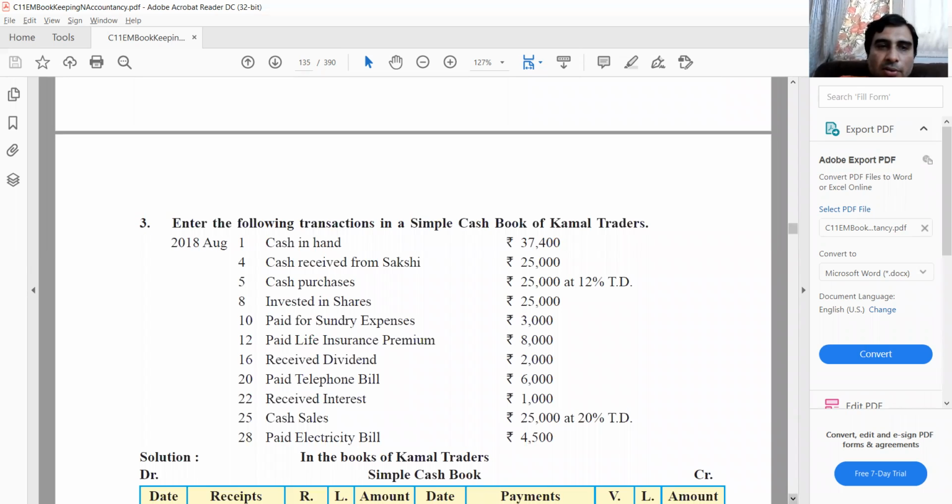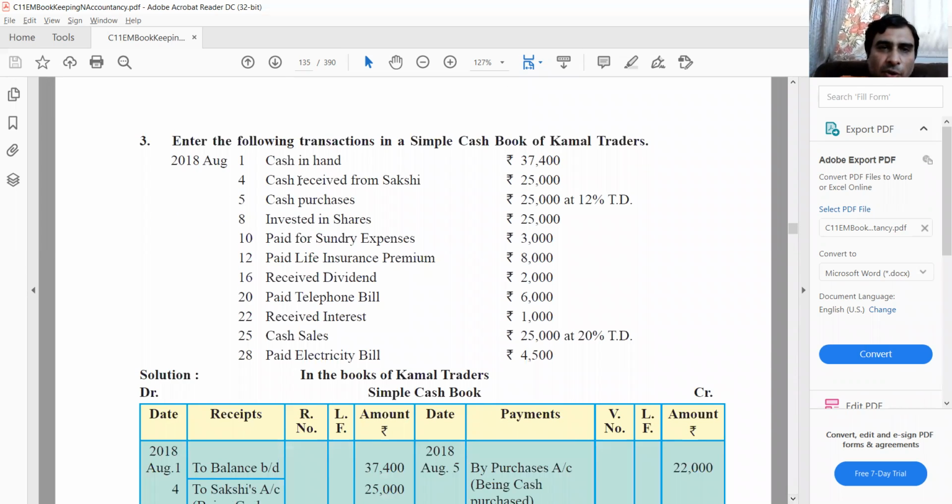Now, third solved example for cash book. Cash in hand, left hand side, brought forward 37,400. Cash received from Shakti, left hand side 25,000 to Shakti account. Cash purchases, right hand side, to purchases 25,000, won't come. You got 12% trade discount. TD is trade discount.